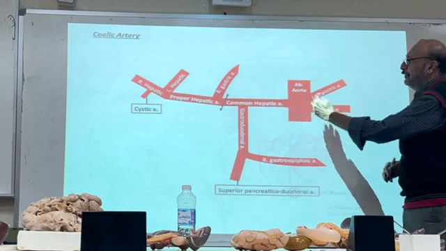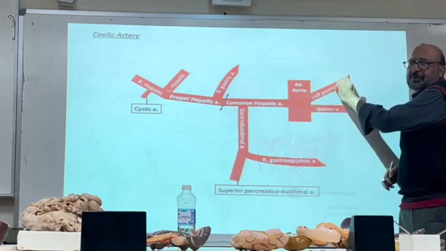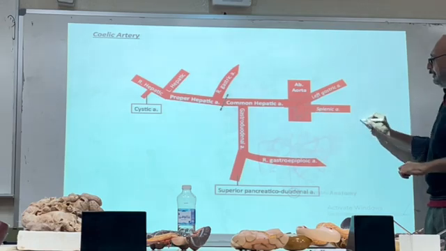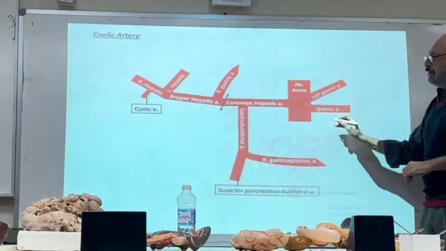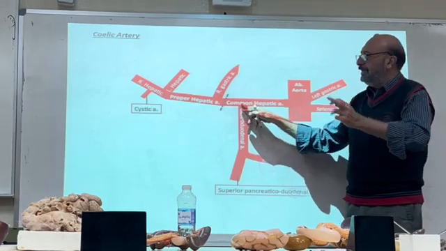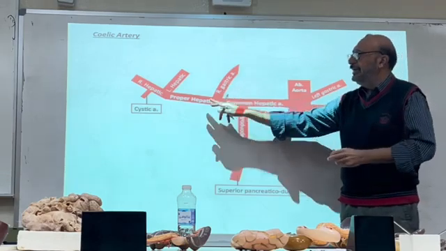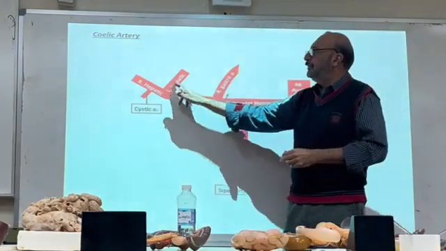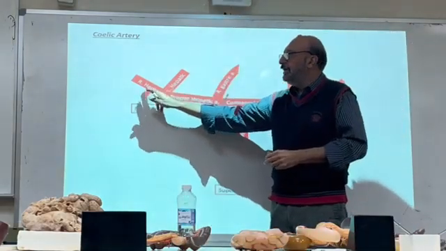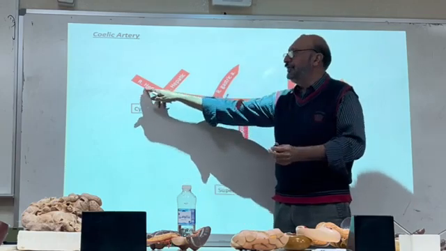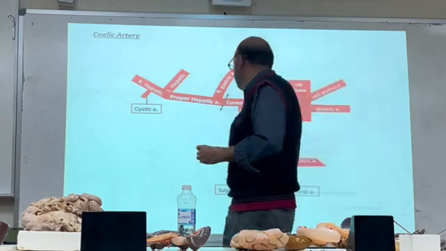You know this from the blood supply of the stomach: left gastric, splenic artery, and here we have the spleen. Then it will give you the common hepatic, which divides into right gastric and hepatic proper. Hepatic proper divides into right and left hepatic, and right hepatic gives you the cystic artery.